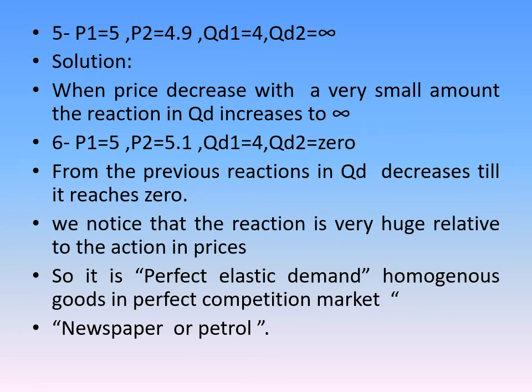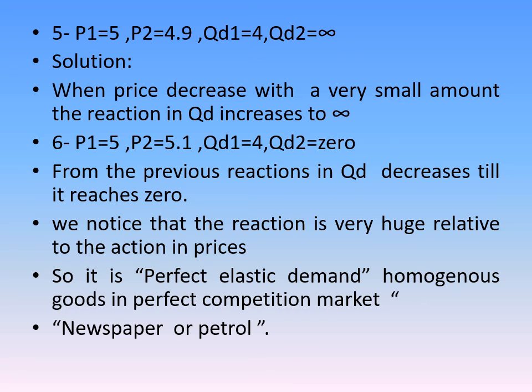Let's move to the final example. P1 equals 5, P2 equals 4.9. Look at this example. If I'm a seller selling a product at the price of 5, and I decide to decrease the price by a very small amount, so the new price is 4.9, which is a very small decrease, the reaction is very huge.